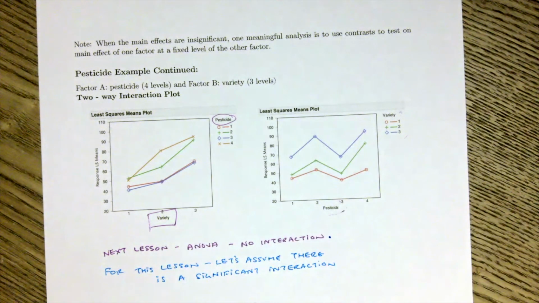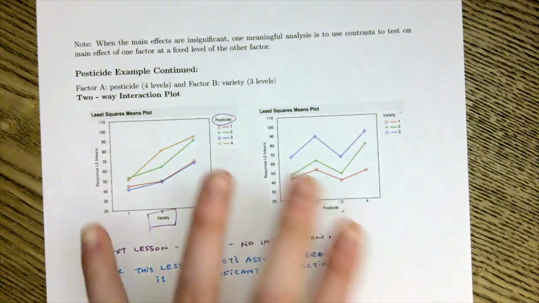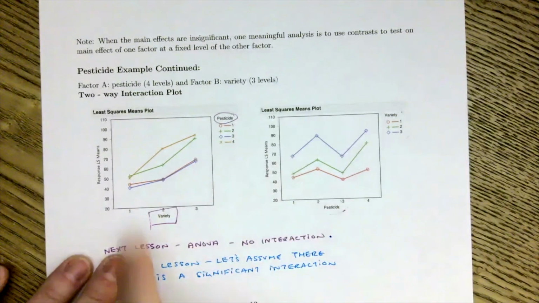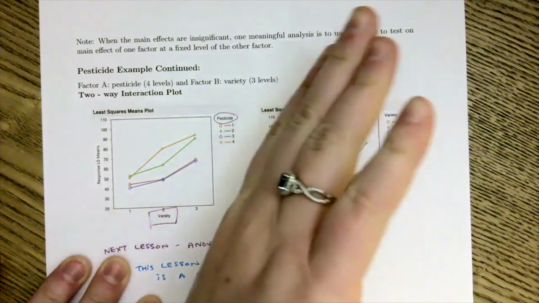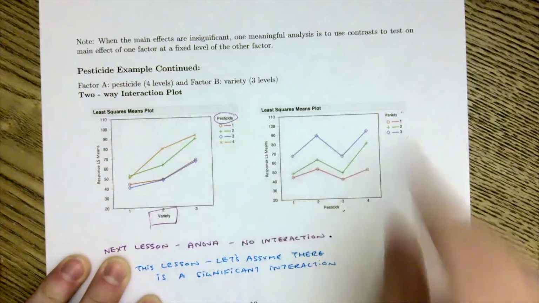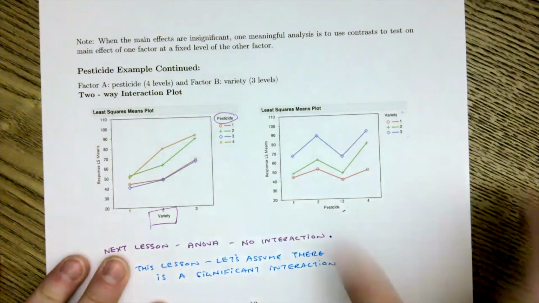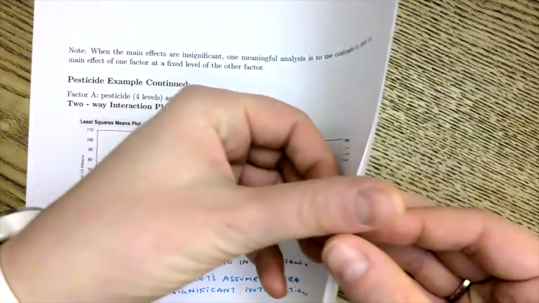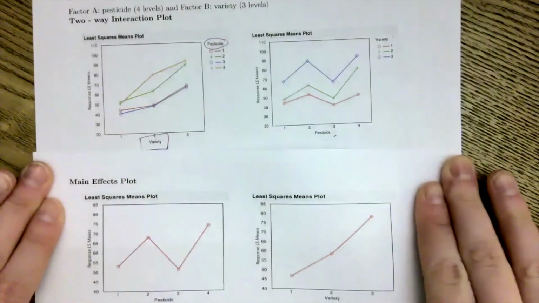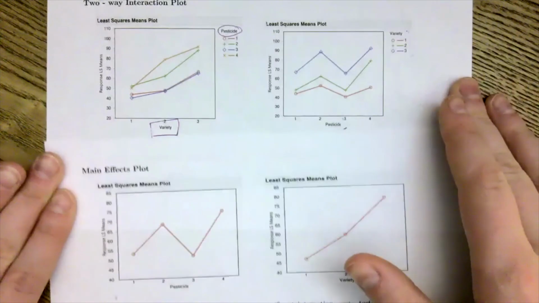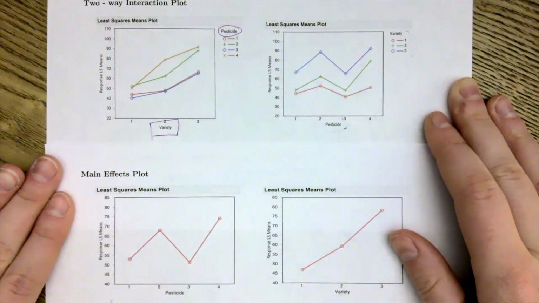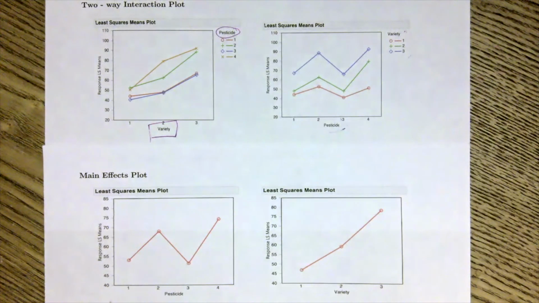If we assume that there's an interaction, we're going to look at our two-way interaction. We can see that maybe this is codirectional because they're moving in the same direction pattern. Same here, same direction and pattern. The other thing we want to look at is our main effects plots, which are right here as well. Let me see if I can get both these pictures. Okay. And our question now would be, do we see masking or not?